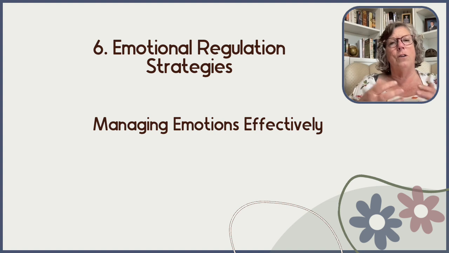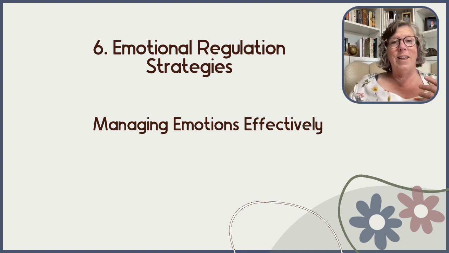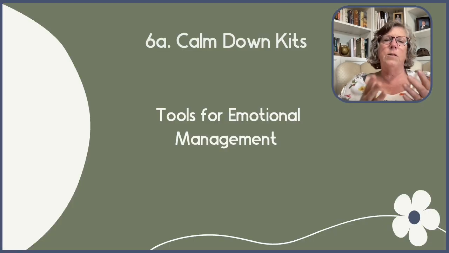We've all got to learn how to regulate our emotions. So, this can be from simple things like calm down kits. You can use an emotion thermometer and conduct yoga sessions, and these help students to manage their emotions and stress in a healthy way. So a calm down kit is equipped with items like stress balls, coloring pages, puzzles.